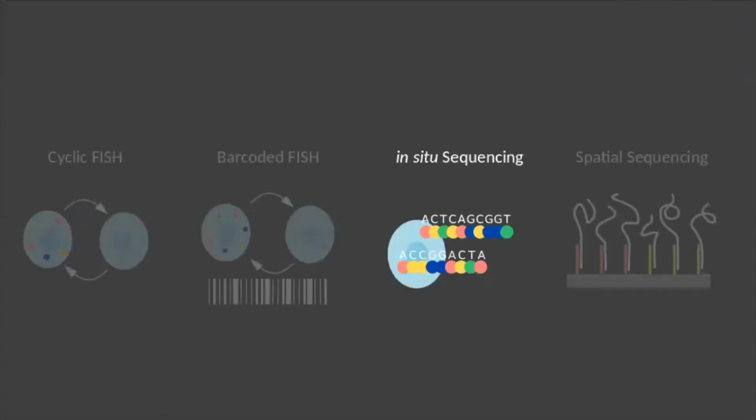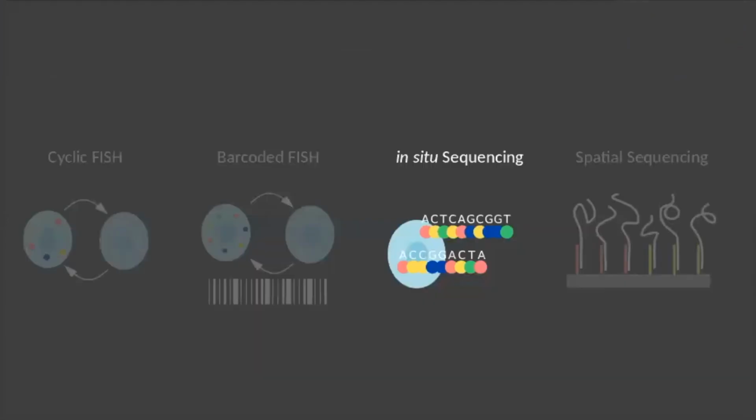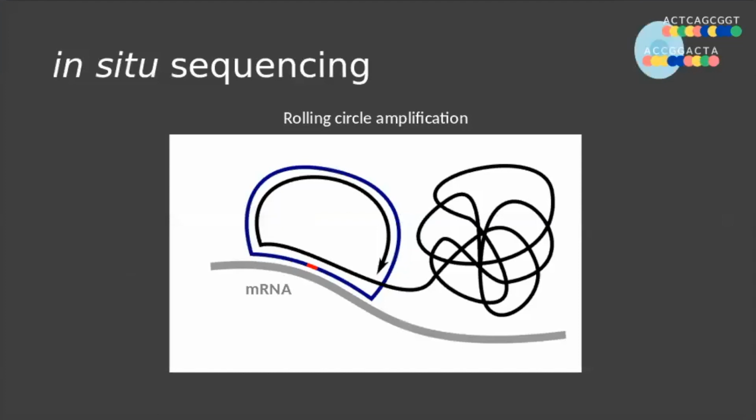And that brings us to the third microscopy method, which is in situ sequencing, or sequencing in situ based. This is another method to identify RNA molecules in the tissue, but it uses a slightly different approach by sequencing the molecules while they are still in the tissue, instead of putting it on an Illumina sequencer, for instance.